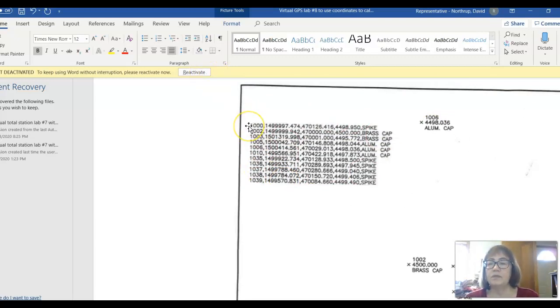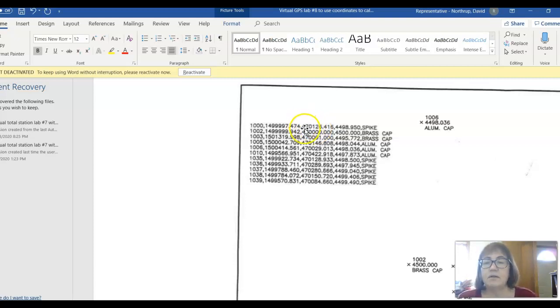The name of the point, 1000, for example, then the first piece of data, this huge number, 1499997.474, is the feet in an assumed north direction from some arbitrary point, not on this survey course, but somewhere else.